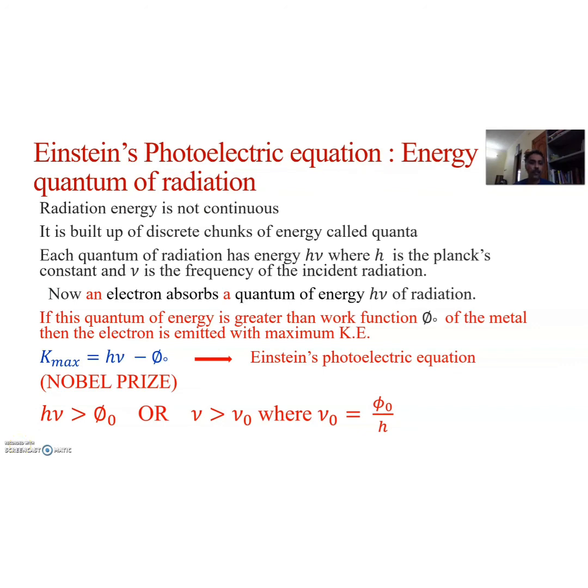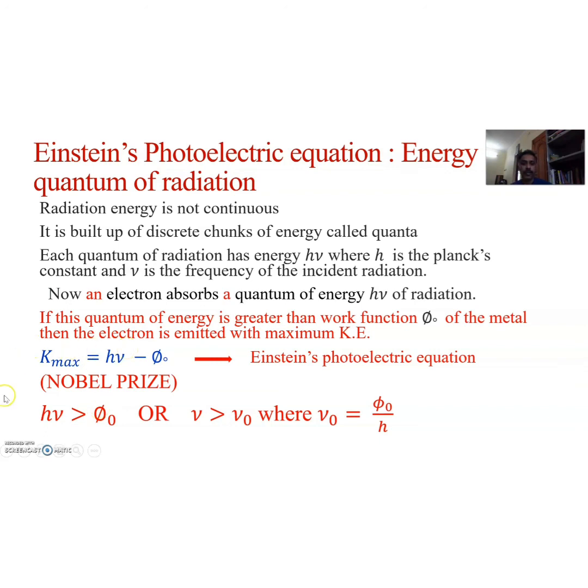It says the maximum kinetic energy of the emitted electron is the difference between the energy of the incident radiation and the work function of the metal, right? So K max is equal to h nu minus phi naught. This is Einstein's great equation, the photoelectric equation, which won him a Nobel Prize in 1906.